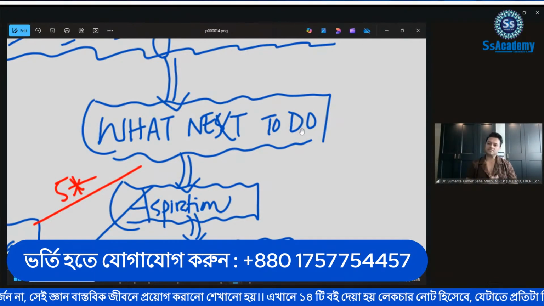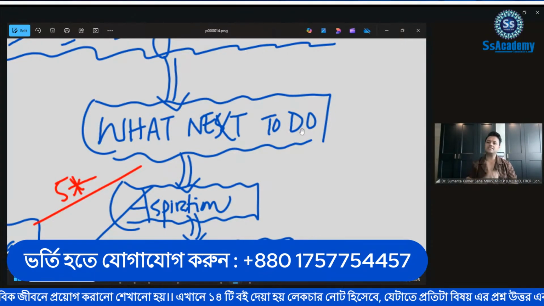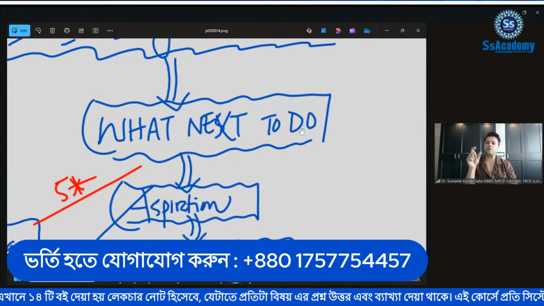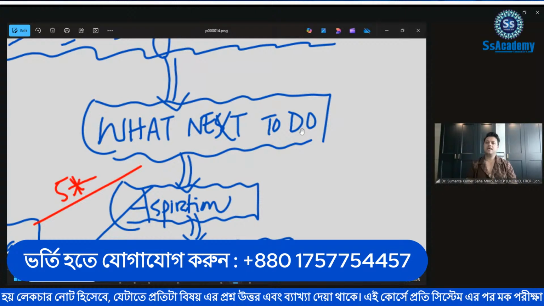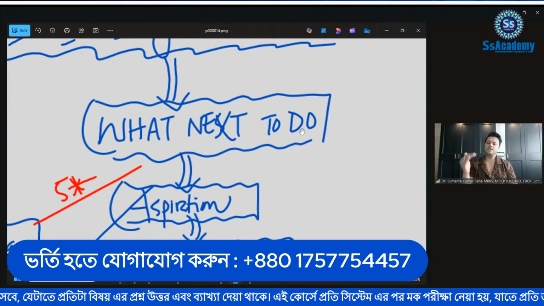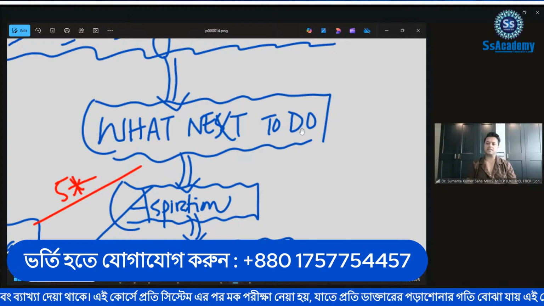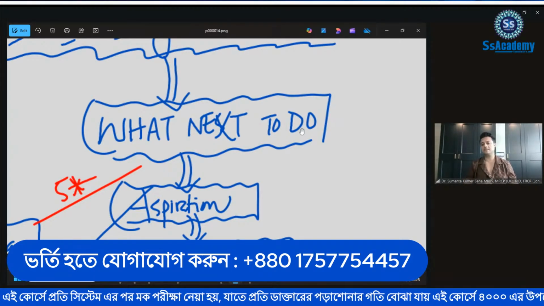So you need to take the right decisions. That is the Part 1 target. After MRCP, you will be the registrar, the attending doctor, the decision maker.